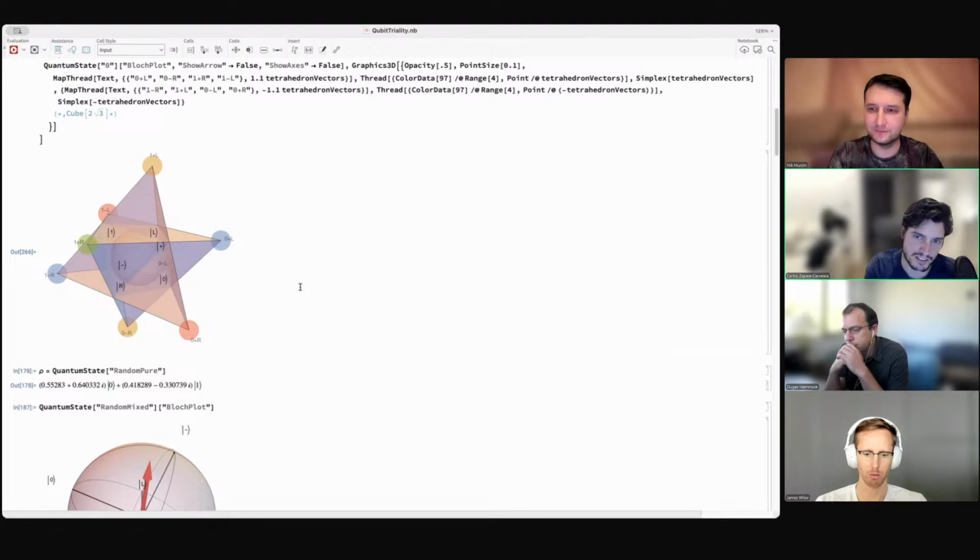So the first thing that comes to my mind is that these quantum states are density matrices, right? And they are unit trace Hermitian matrices, right? Yeah.